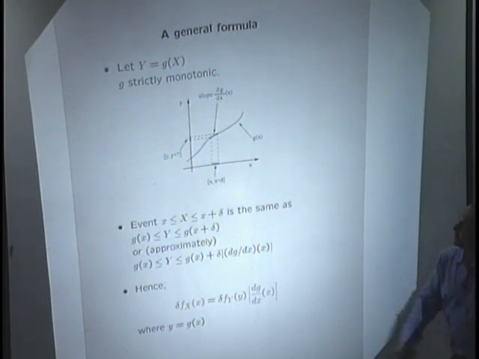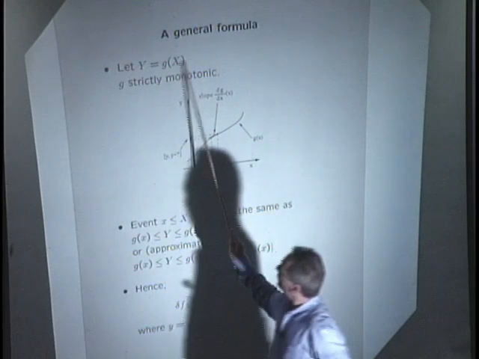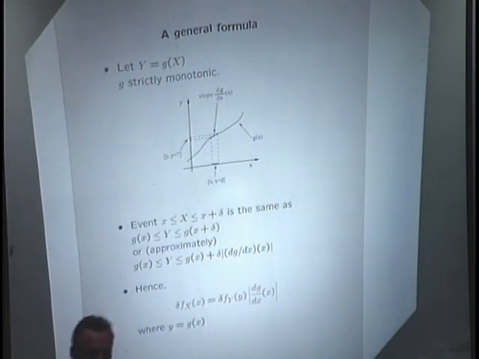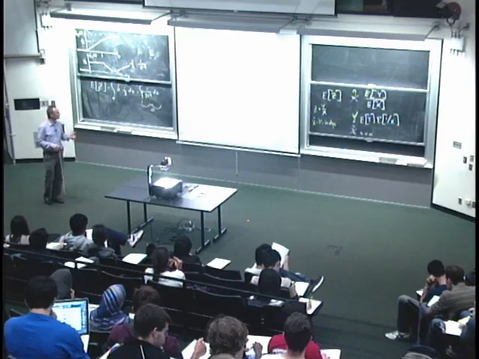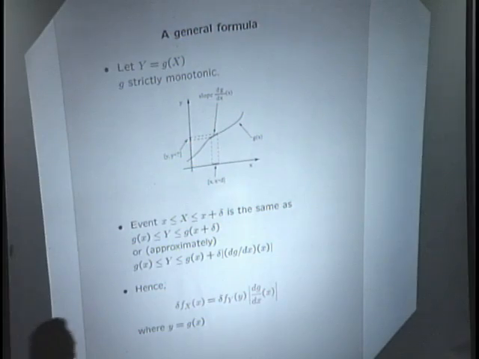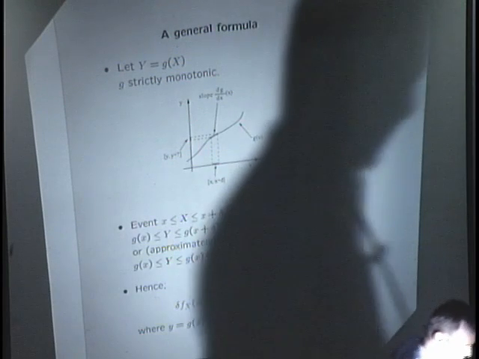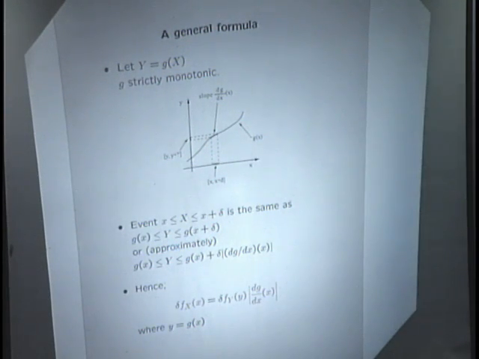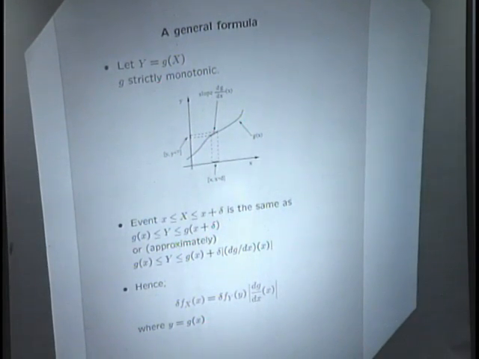So the case where things are easy is when the transformation from one random variable to the other is a strictly monotonic one. So there's a one-to-one relation between x's and y's. Here we can reason directly in terms of densities by thinking in terms of probabilities of small intervals.